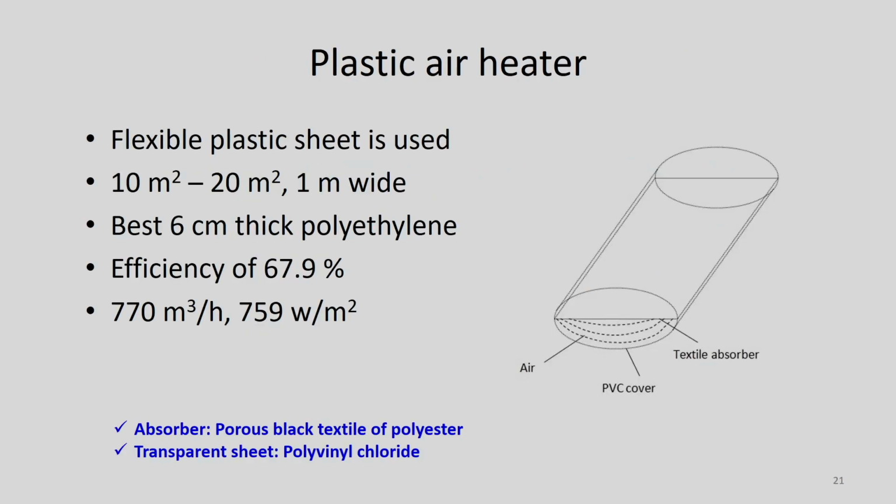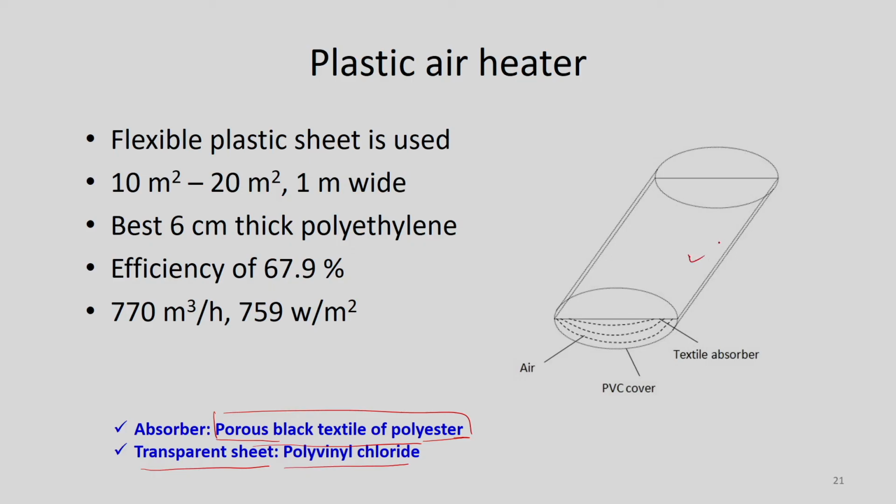And there are certain air heaters called plastic air heaters. Okay. So, in those kinds of configurations, an absorber plate like porous black textile or polyester is used, and for the transparent sheet polyvinyl chloride is used.